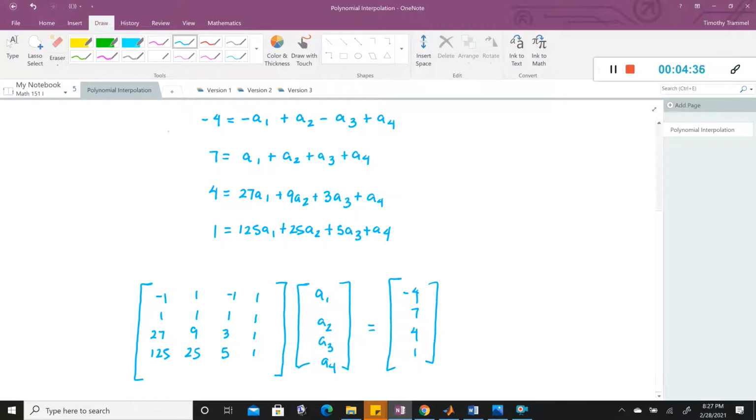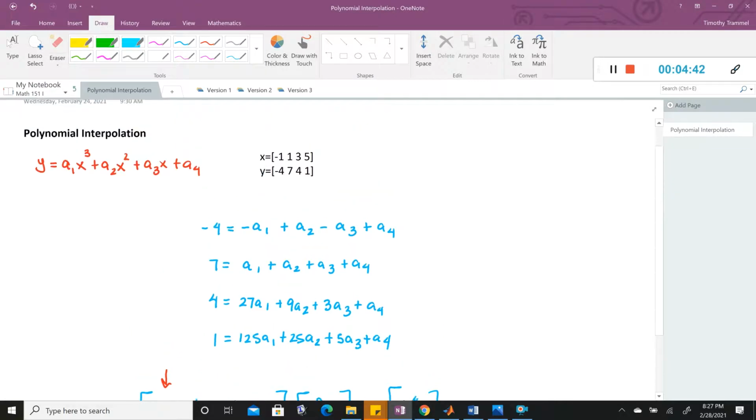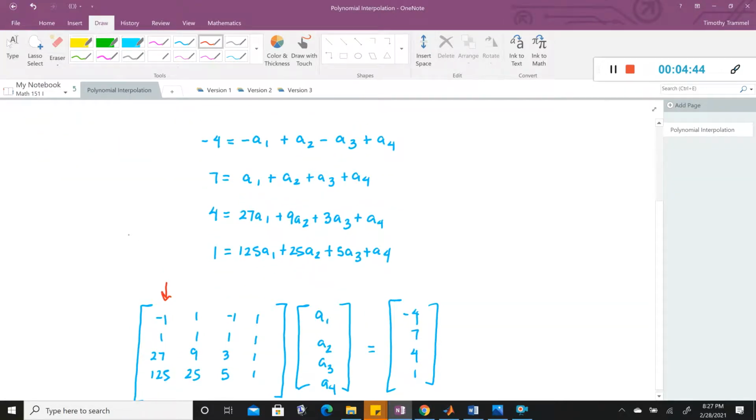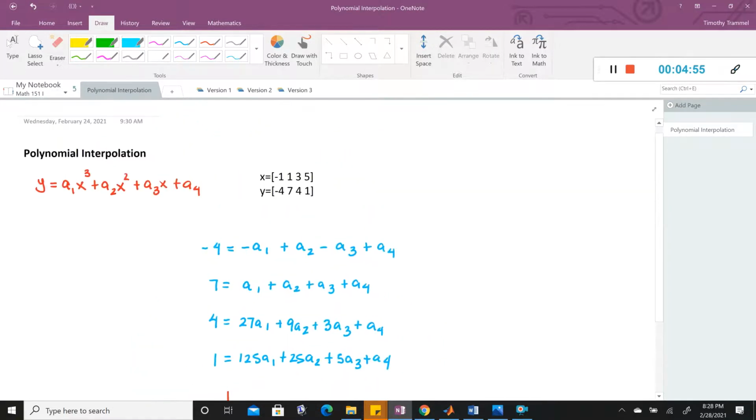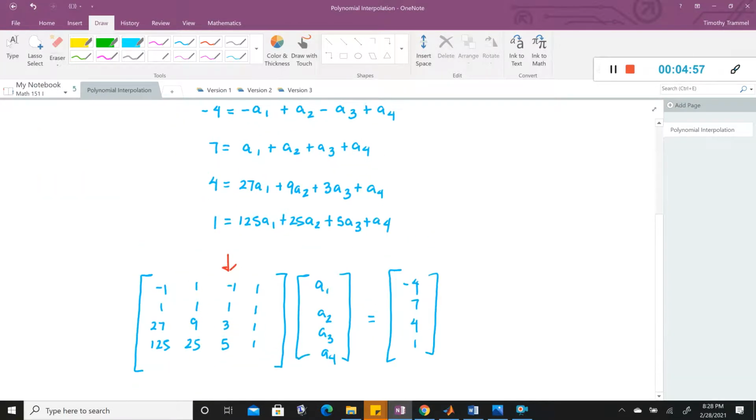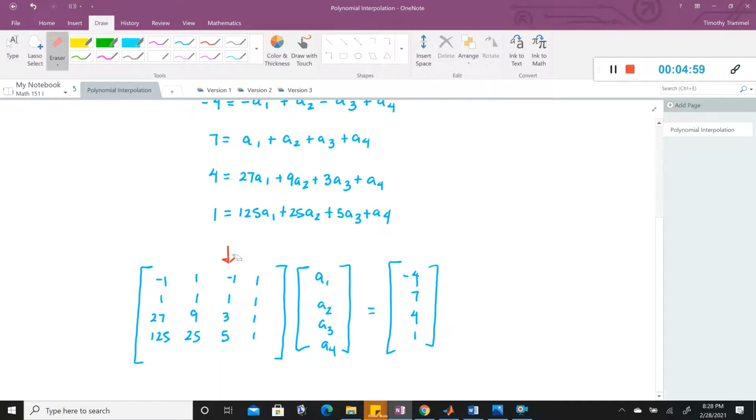Notice that everything in this column was us cubing the x values. Everything in the next one was us squaring the x values. And then just the x values themselves: -1, 1, 3, 5. Look, -1, 1, 3, 5. And then after that, just all ones.